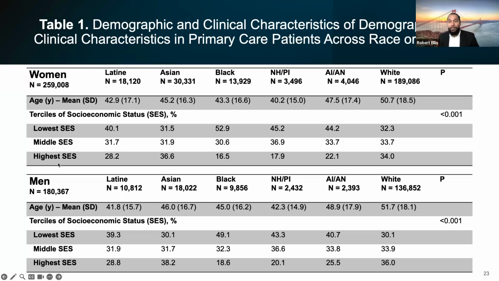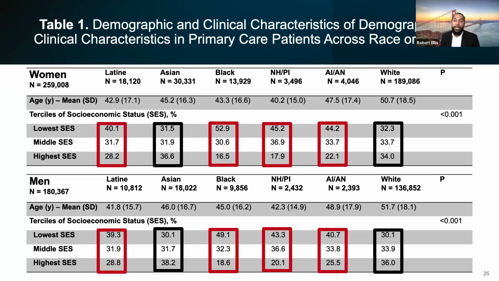And on the sides, on the vertical left side, we have the characteristics that we're discussing, which is the terciles of SES. And right off the bat, we see that white patients made up the majority of the sample, around 75% of the sample for both women and men.